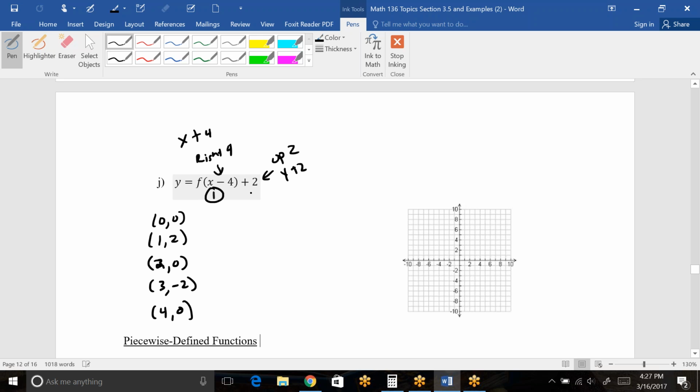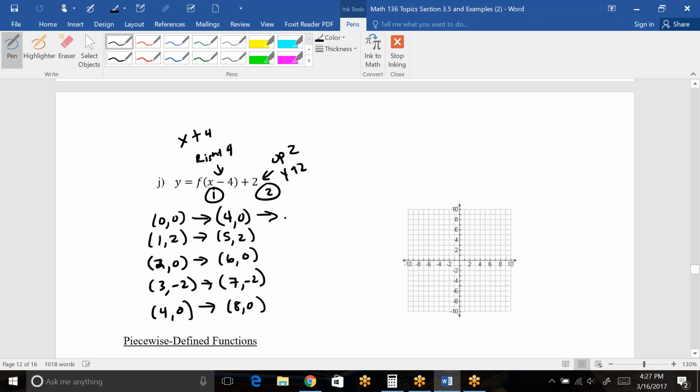So again, do the one closest to your x first. So we're going to do 4 added to each of those x's. So that'd be 4, 0, 5, 2, 6, 0, 7, -2, and 8, 0. Then we're going to add 2 to each of the y's.